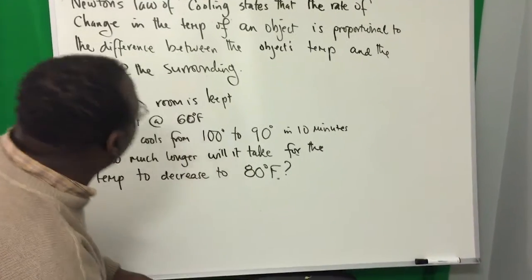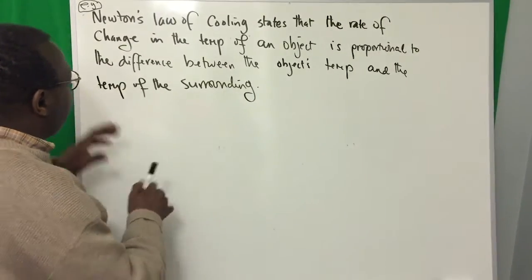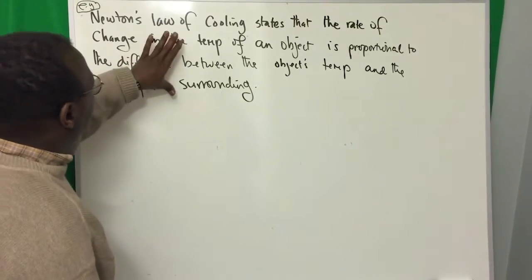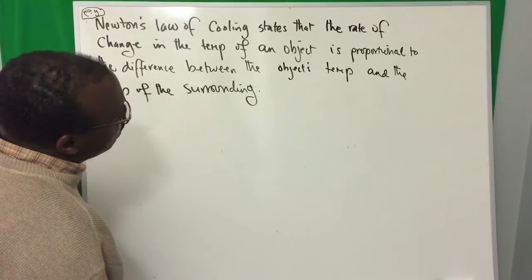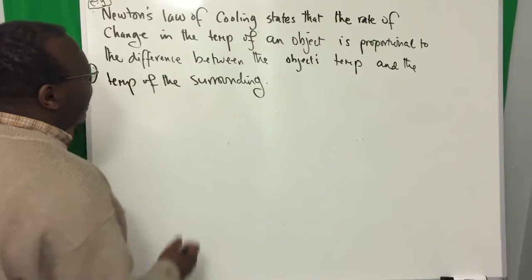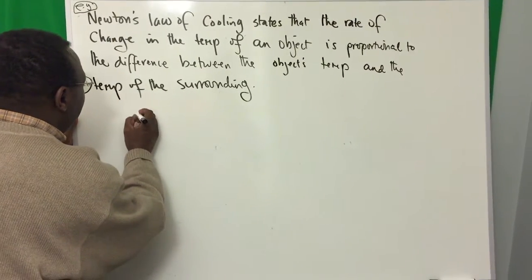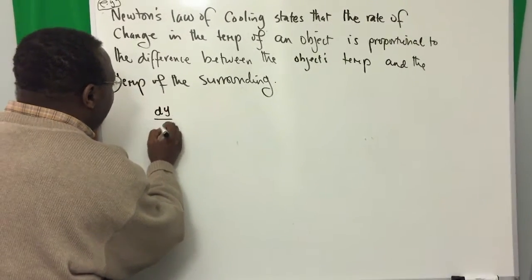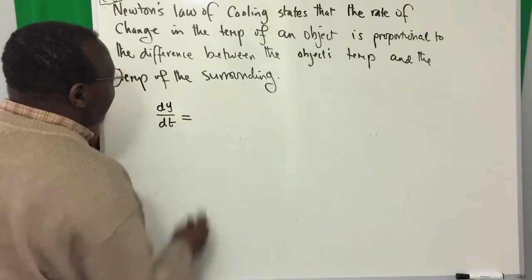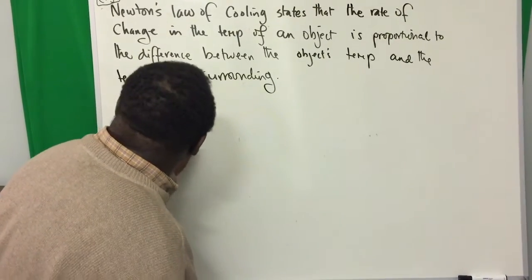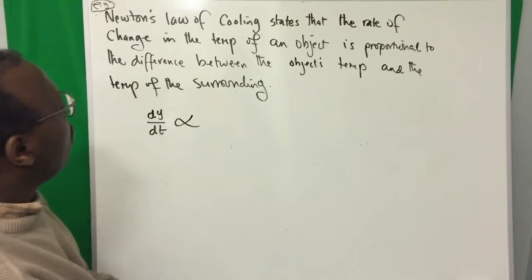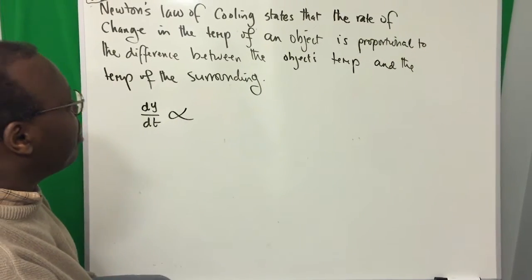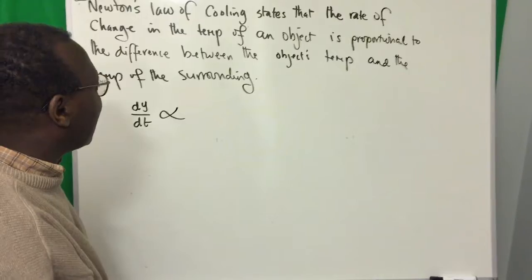Let's get to work. So what we write here is that Newton's law of cooling says that the rate of change, which is dy/dt, is proportional to the difference between the object's temperature and the temperature of the surrounding.